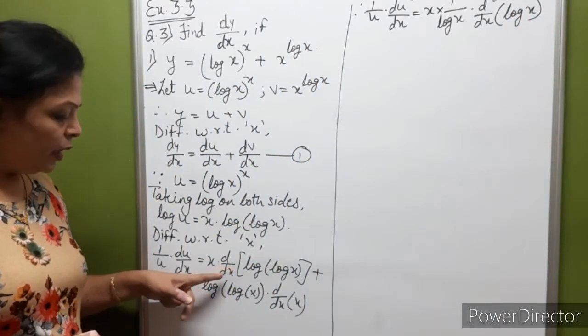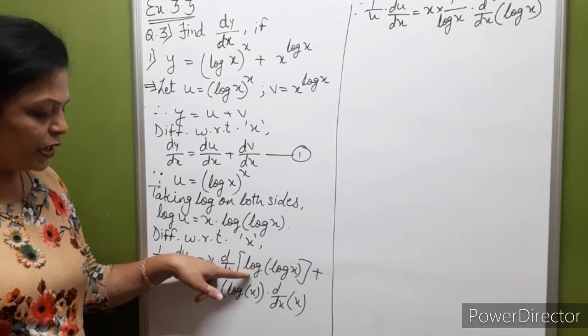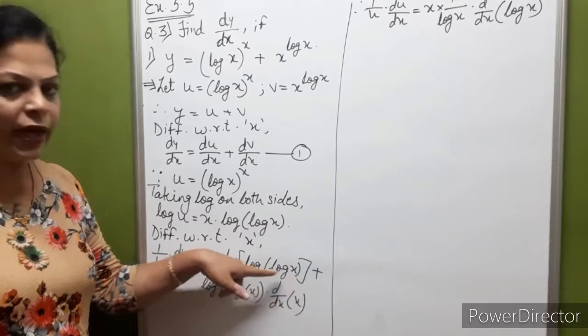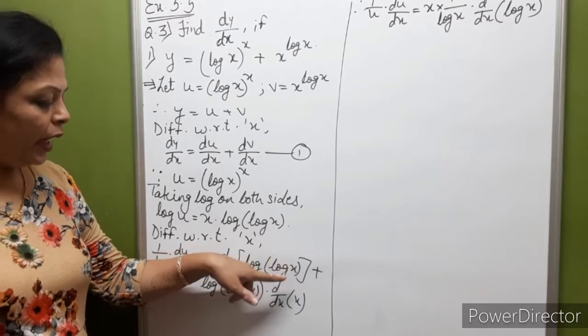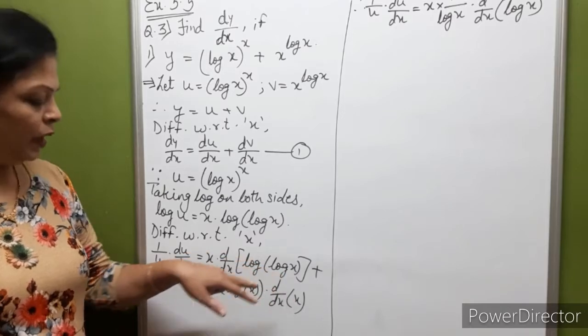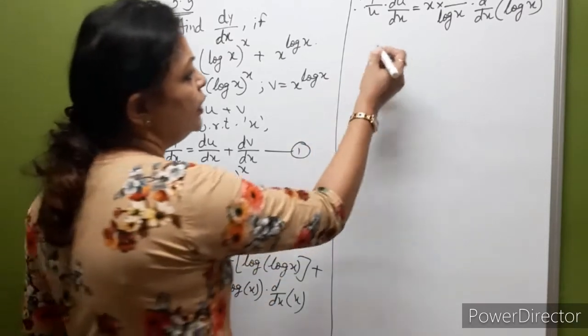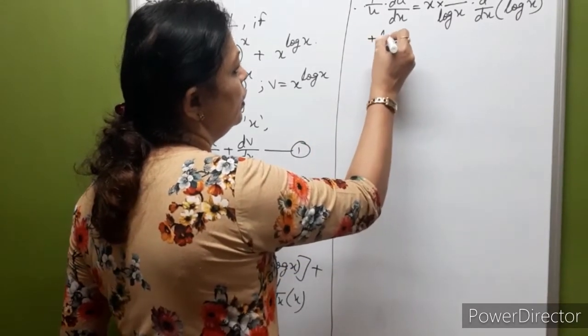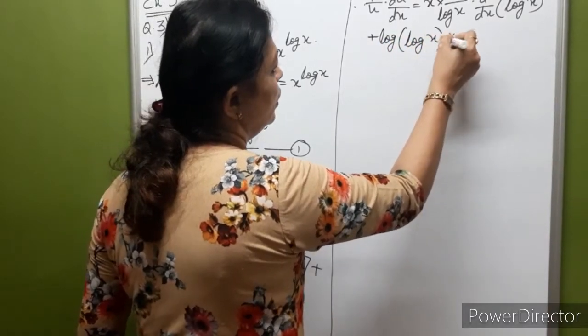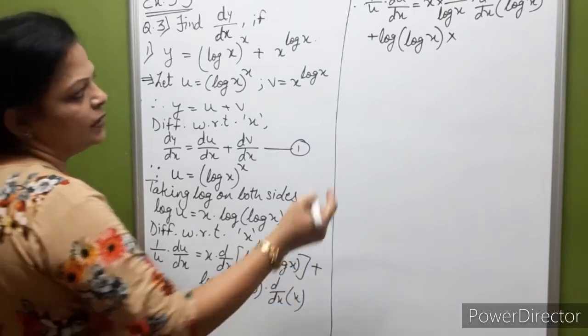Understood what I did? I have differentiated this log function. So for this I will get 1 upon log x, and then into derivative of log x, plus log(log x) into derivative of x, that is 1.